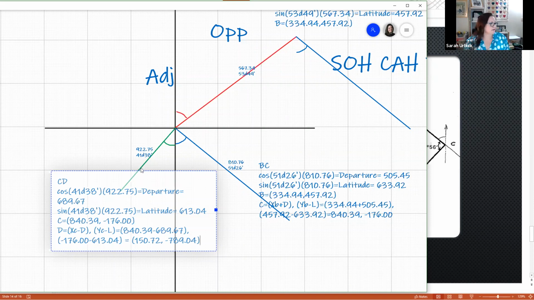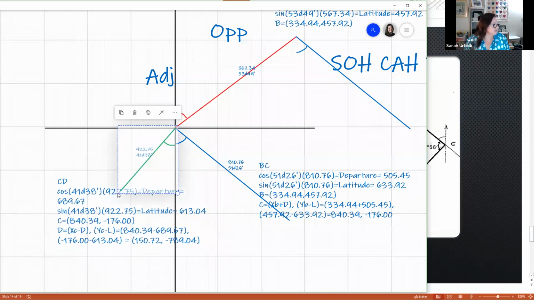Okay. So just like last time, I'm going to rough this in. Of course, that is not to scale.